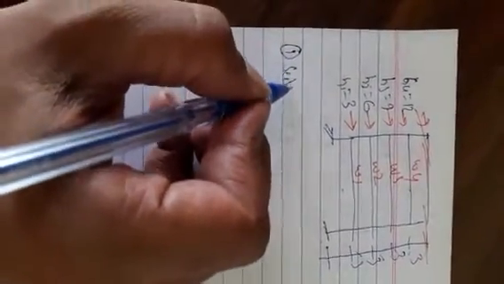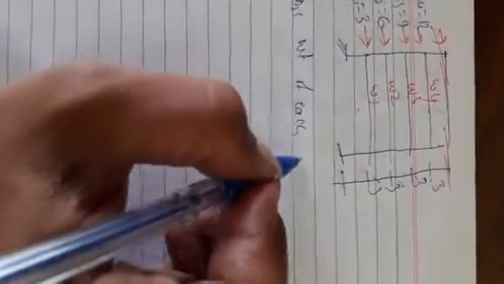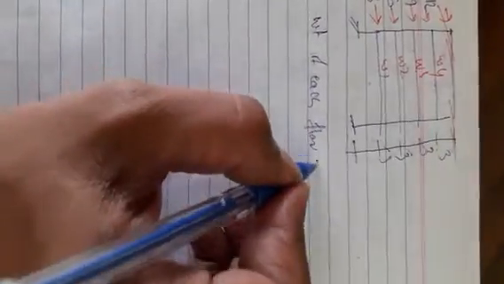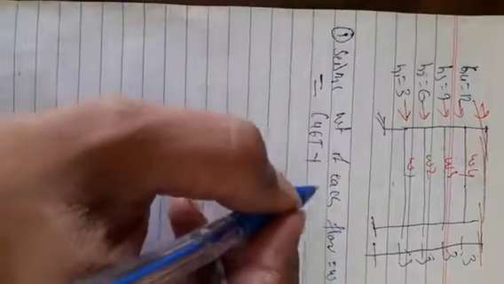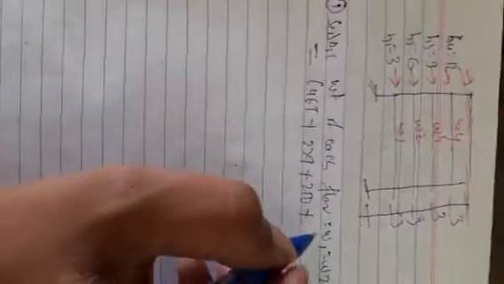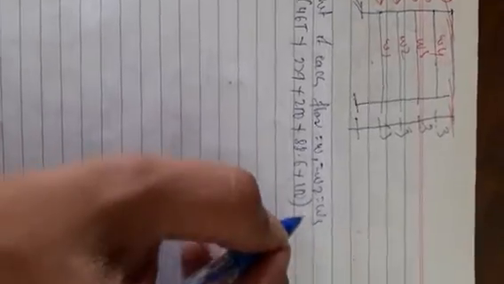Next, seismic weight of each floor. W1, W2, W3 all are equal to, so seismic load is equal to wall load in x direction 465, wall load in y direction 279 plus slab load 250 plus column load 88.6 plus beam load 150 plus live load, it has worked out to 175.